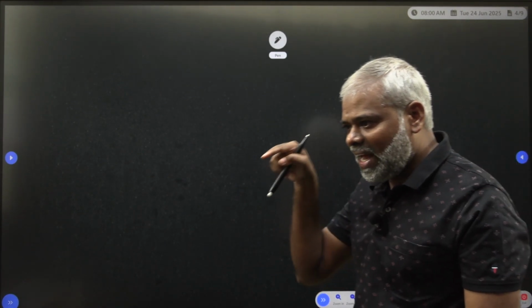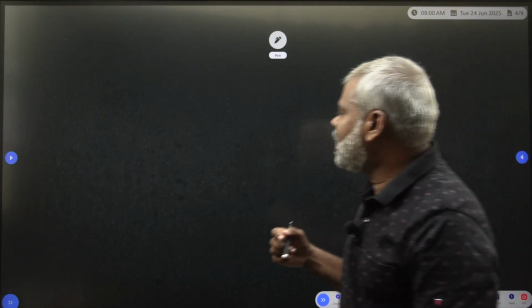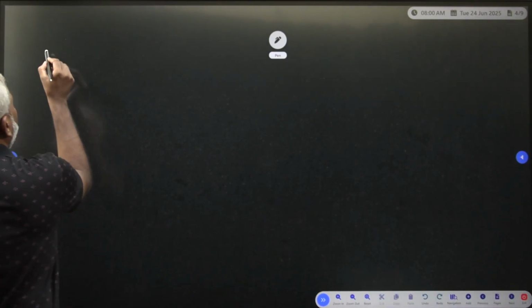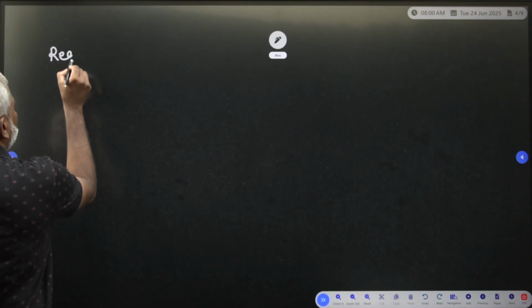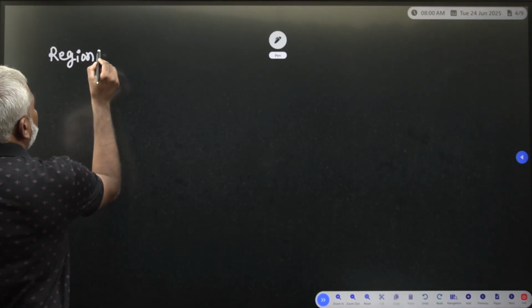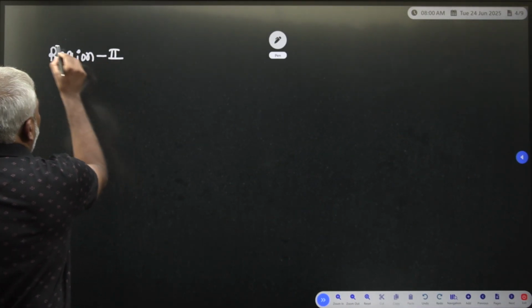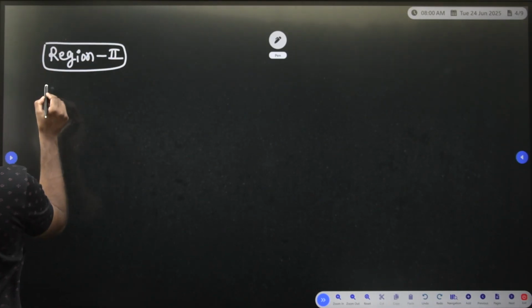Now you have to follow a similar procedure in region 2. You have to apply the Schrodinger wave equation in region 2. So what is the Schrodinger wave equation?